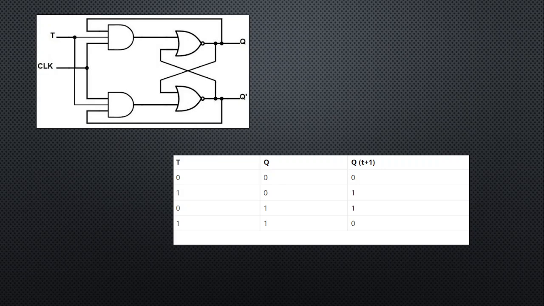Meanwhile, for its inverse Q prime, the input will now toggle to logic 1. So they just basically complement each other. This is why it's called the toggle circuit. Now, in the next cycle, if T is 0, what will happen to Q? This is now the time for Q to be toggled.